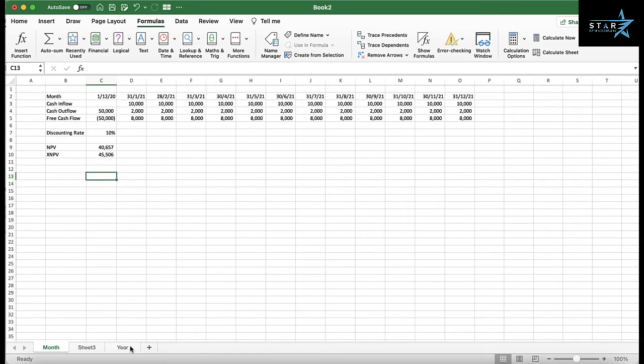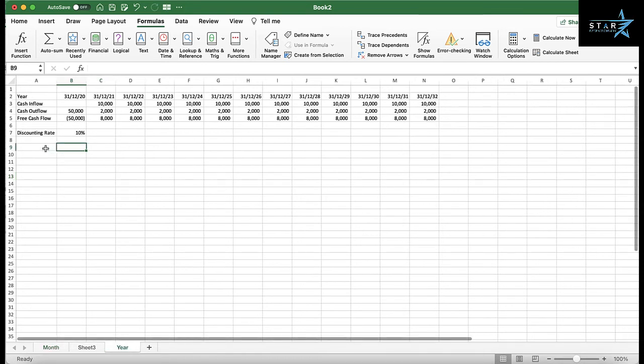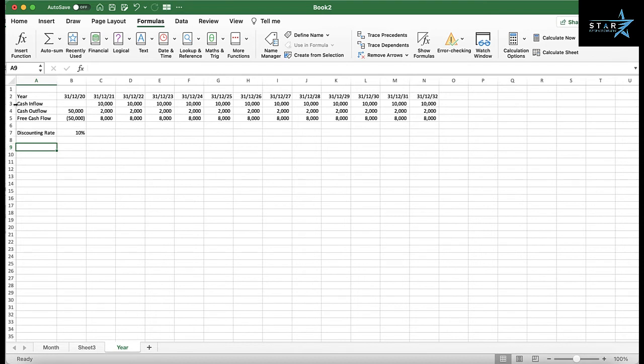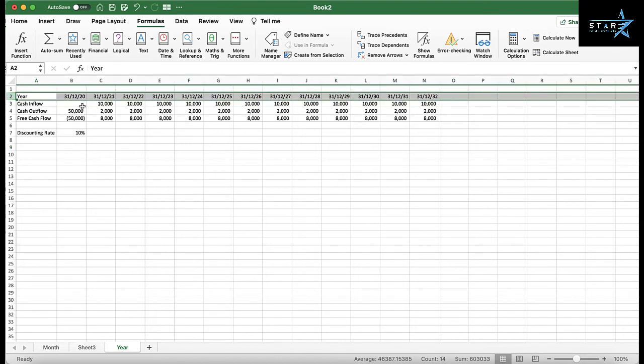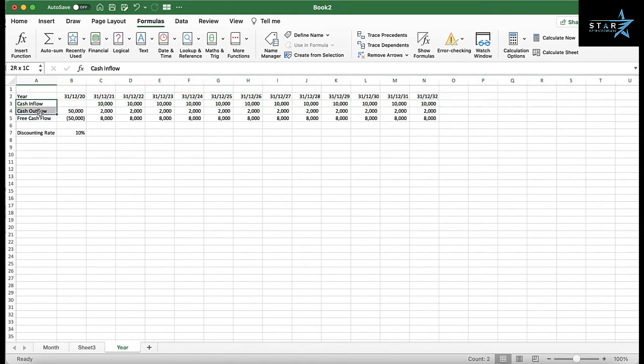Now let's look at the yearly calculation. Again, what I've done is I put the dates over here, and as you can see, these are yearly dates, and I've assumed the last date of the year. I have the same data for cash inflow, outflow, and free cash flow. The discounting rate is the same as the monthly one. So NPV.